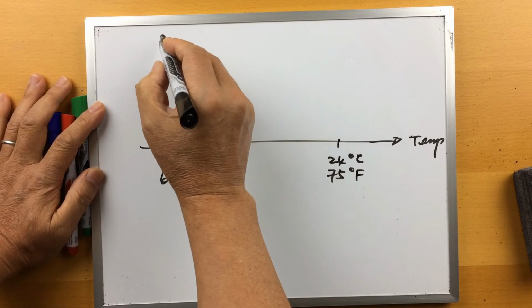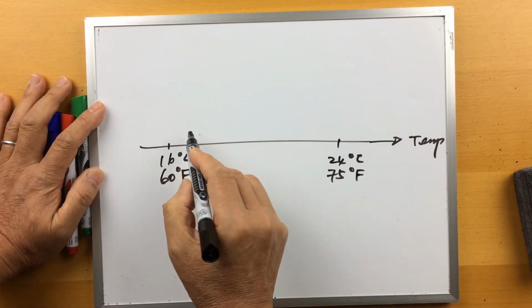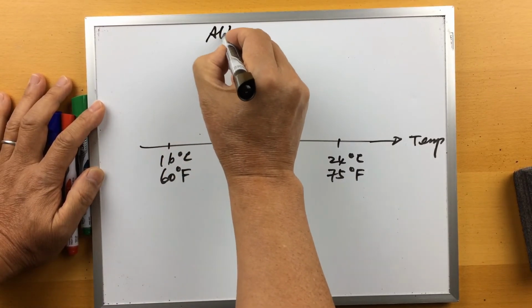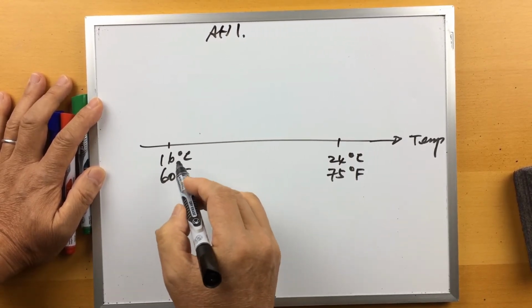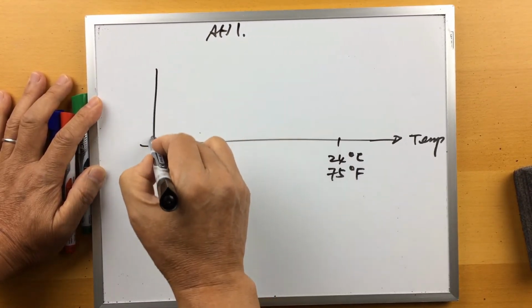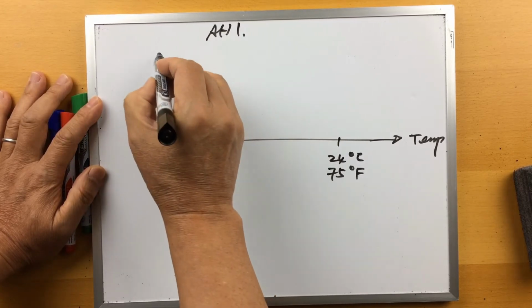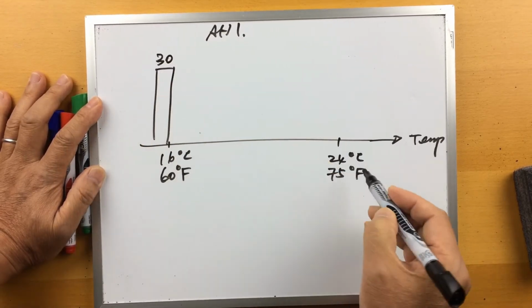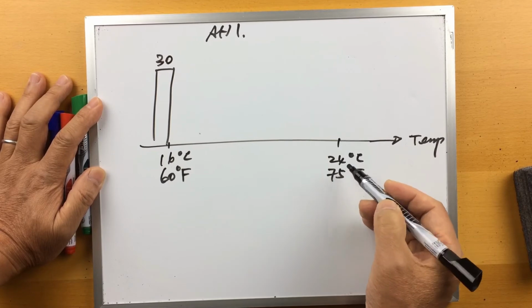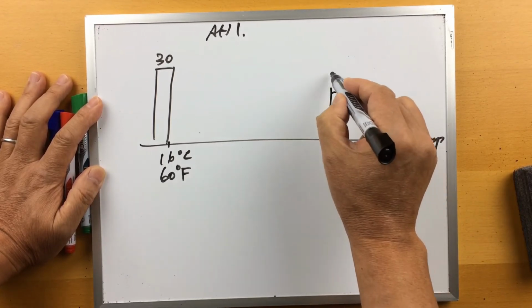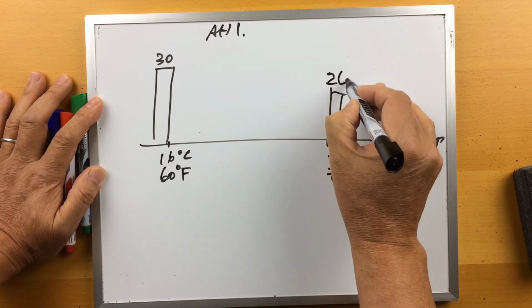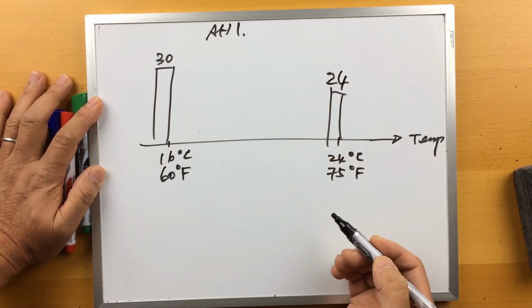Now, if we look at the AHI, the AHI at 16 was 30. And at 24 was only 24. This is lower.